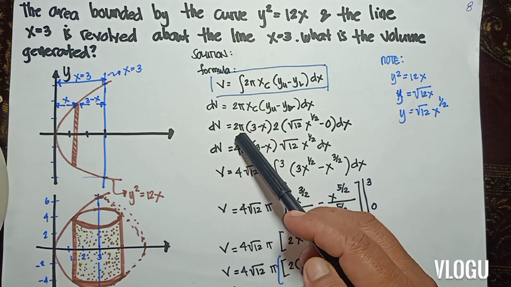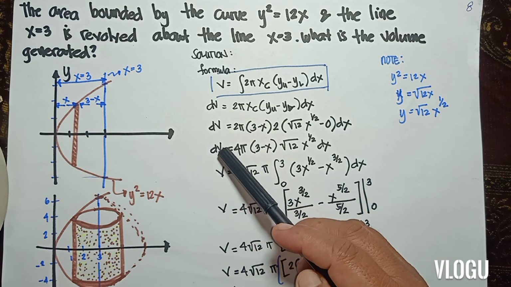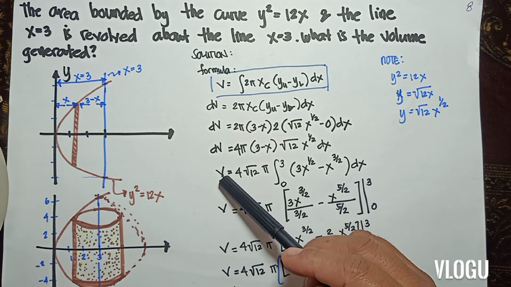Integrate both sides. When we integrate dv, that becomes v.